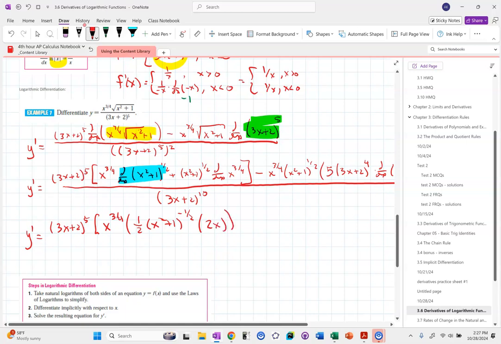I'm going to do the chain rule here all in one step. Is that okay with you guys? That's where the 2x came from.